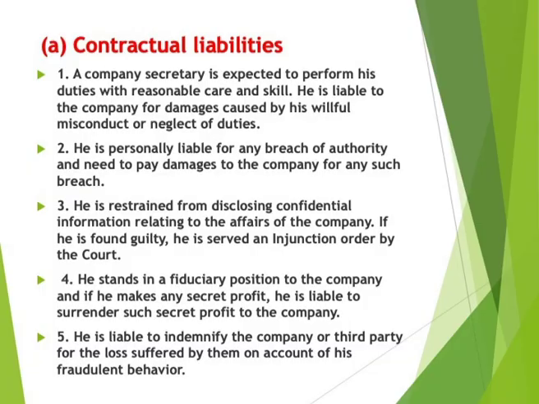If that is found, every amount he secretly made has to be surrendered to the company. He is also liable to indemnify the company or a third party for the loss suffered by them on account of his fraudulent behavior. For example, if the company or the third party, the other organization, has suffered any loss because of the behavior of the company secretary, he has to pay for that loss.